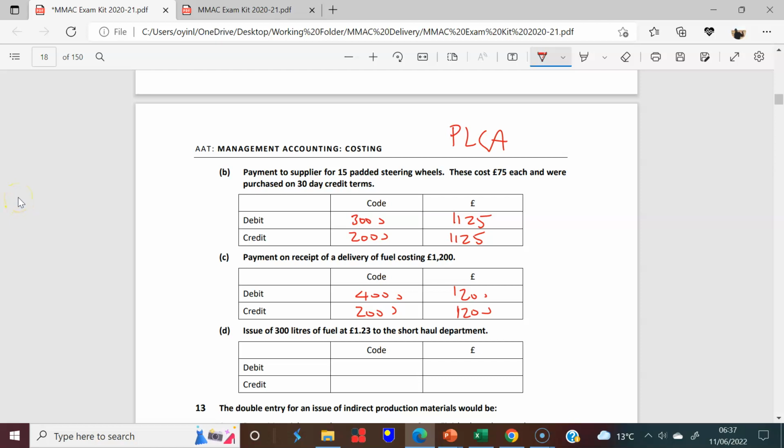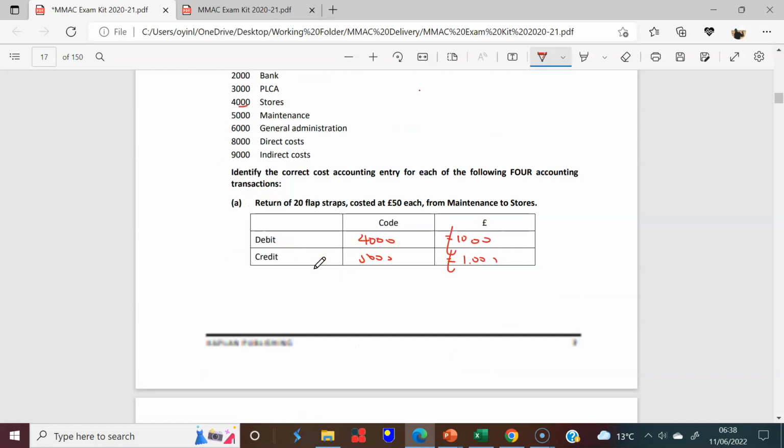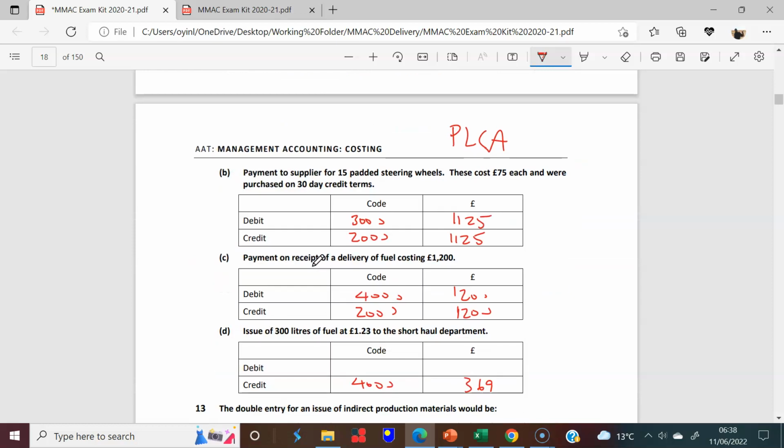We then issue, if you like, out of stores to the short haul department 300 times £1.23, and that's 369. So we issue out of the stores department the 369, and that's going to the direct costs of fuel to make this in terms of our wheels.